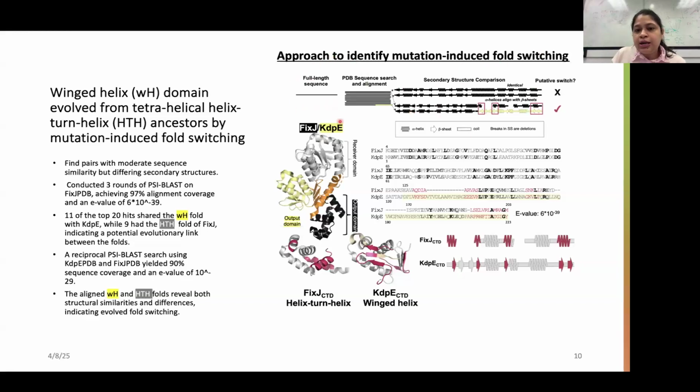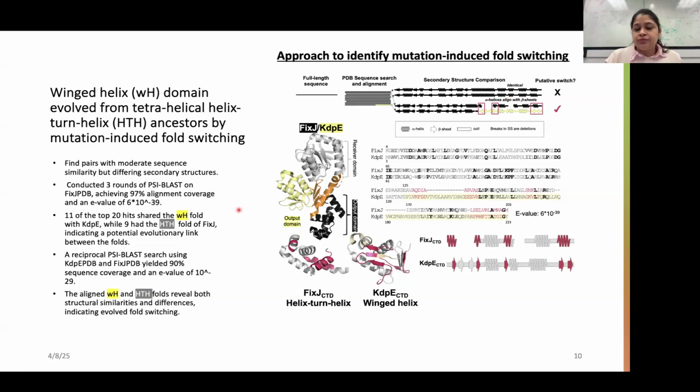One takes the full-length sequences, compares them with all PDB sequences that are available, and performs alignment, and then you see that there is moderate sequence identity, which means homology. But at the same time, you have these alpha helices that align so well with beta sheets. So this could be a possible example of mutation-induced fold switching. If it were not to happen, you would have identical secondary structures here.